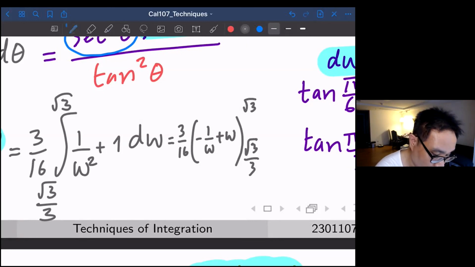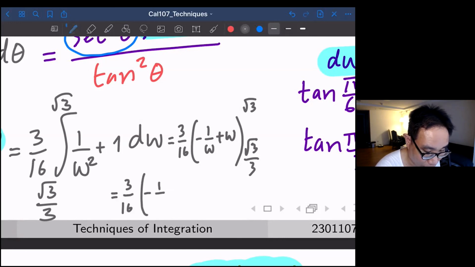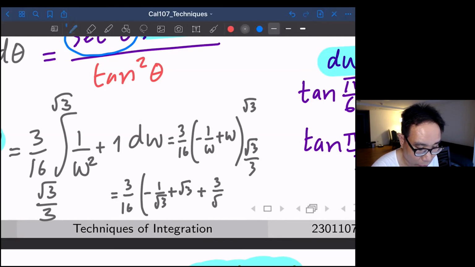Okay, and this one will become something messy. It's going to be negative 1 over root 3 plus root 3, and subtracting, it's going to be plus. So root 3 is 3 over root 3, and minus this guy, which is 1 over root 3, and that is root 3 over 3.